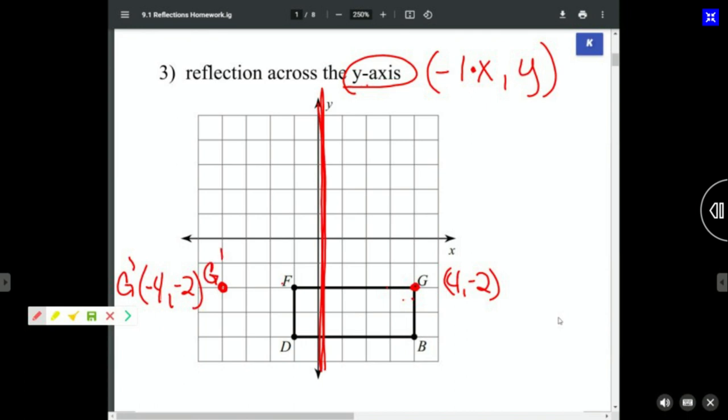G prime. What is F? -1, -2. So F prime, 1, -2.